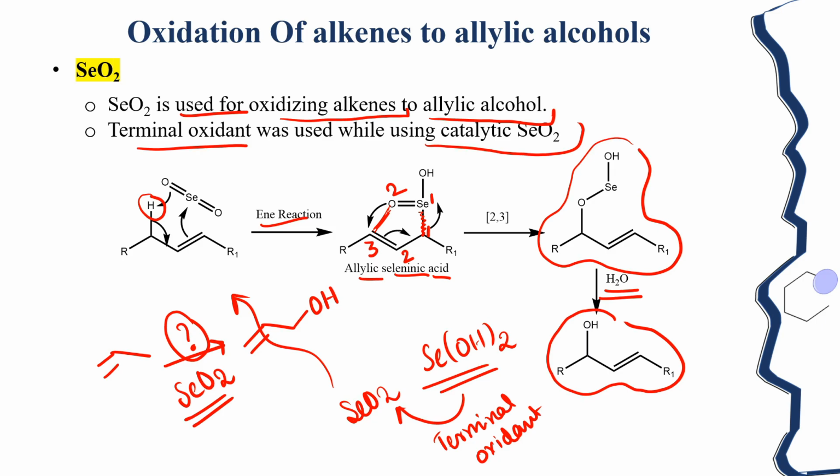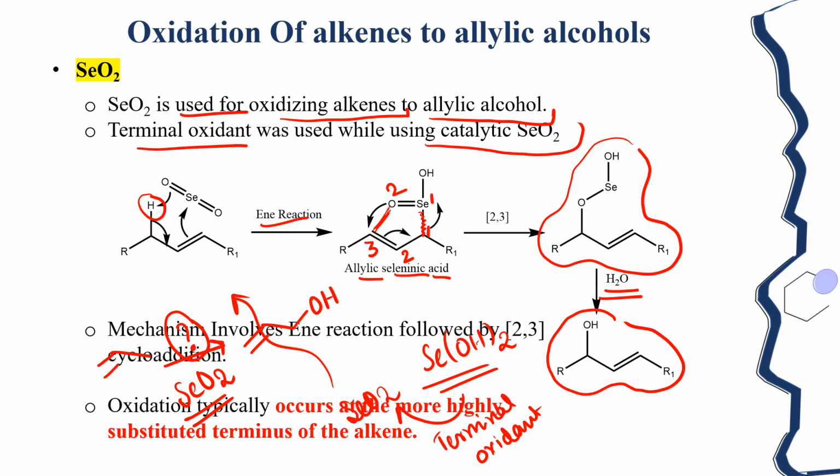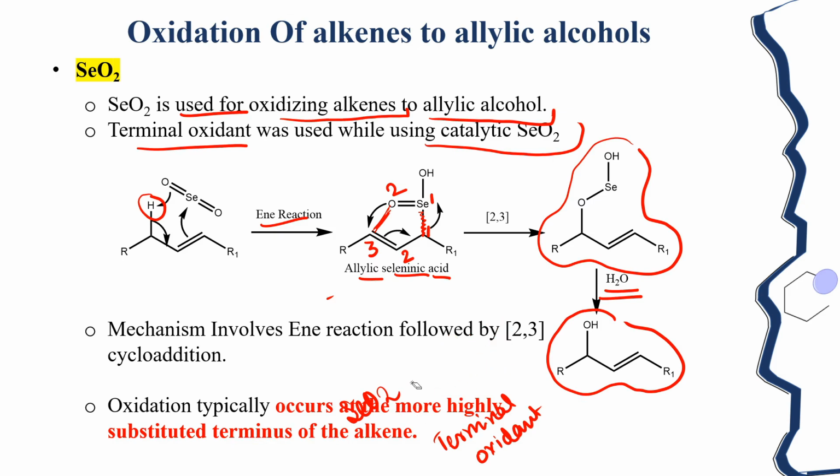So this is the oxidation of alkenes to allylic alcohols. The mechanism involves an ene reaction followed by a 2,3-sigmatropic shift, and the oxidation typically occurs at the more highly substituted terminus of the alkene.